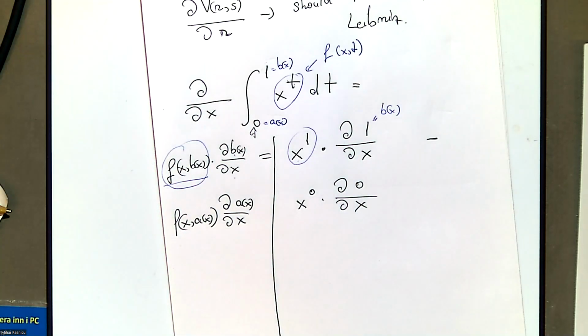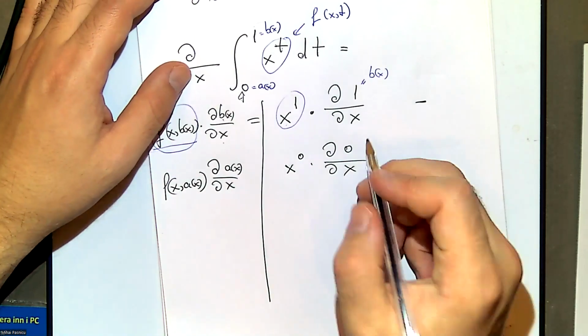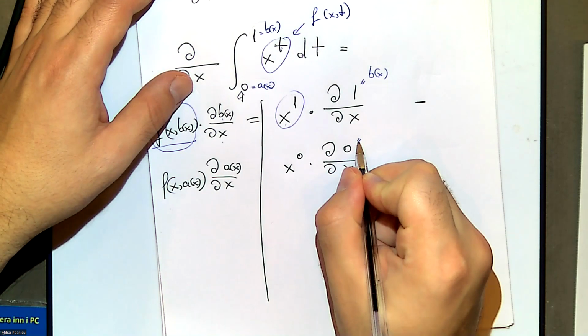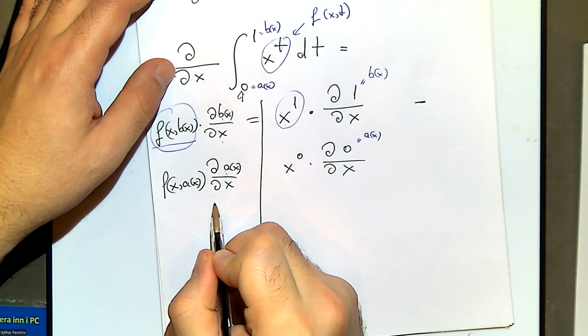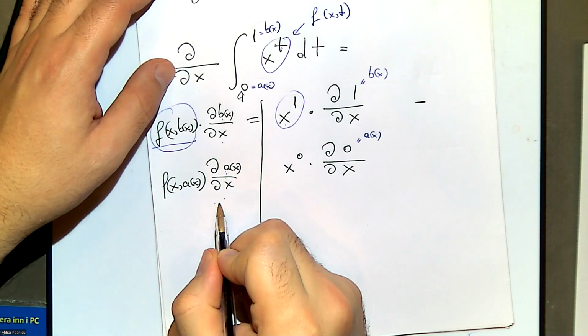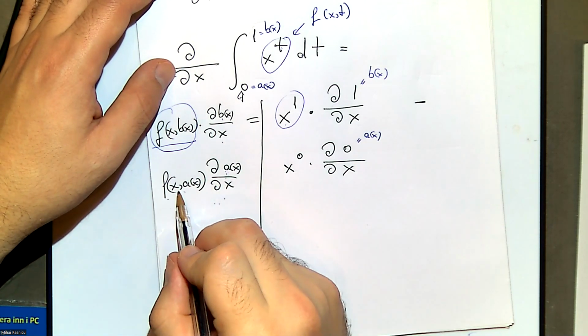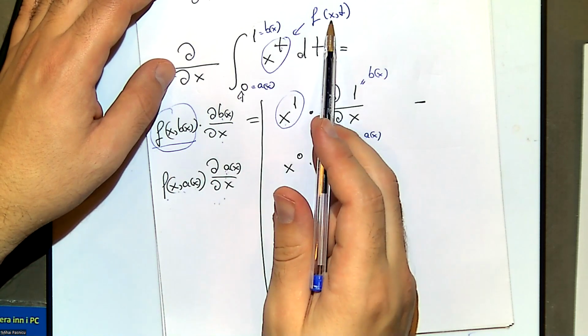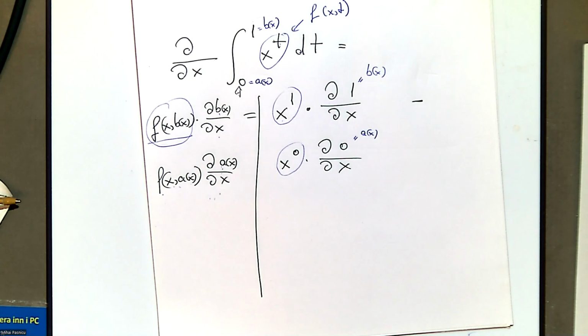Now, the second one, let's start with this term. 0, this is a of x. So I have the derivative of a of x with respect to x. Then I have f of x, a of x, so basically f of x, 0. Here it is. Basically just replacing step by step.